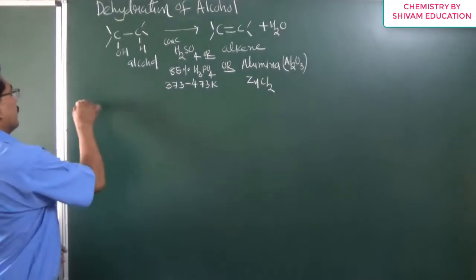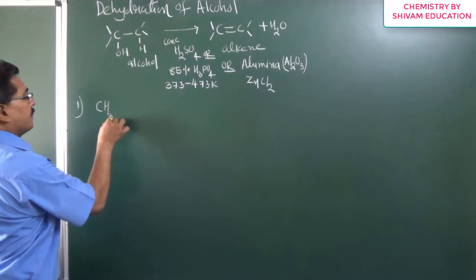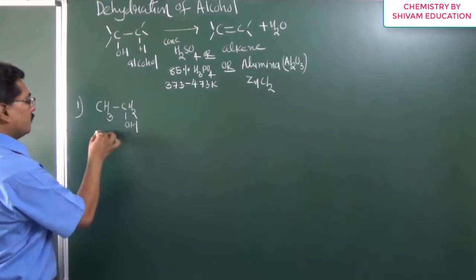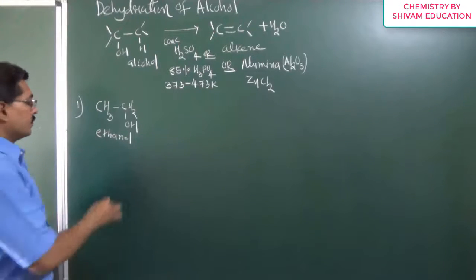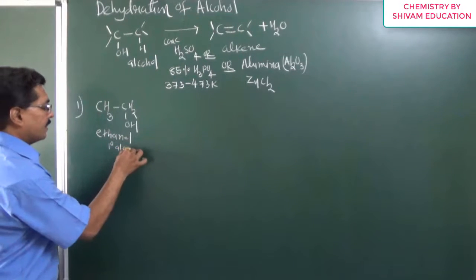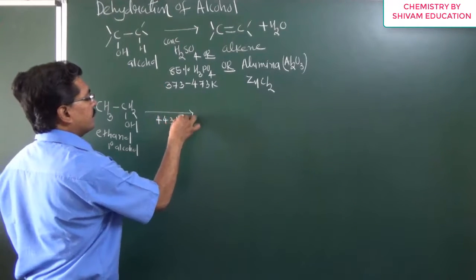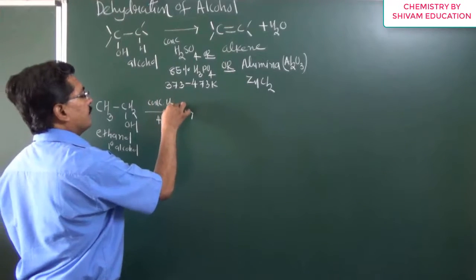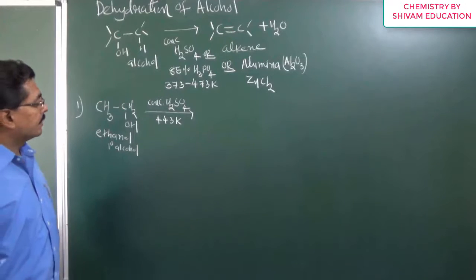Now suppose we have a primary alcohol. Suppose I have taken ethanol, CH3CH2OH. Now ethanol dehydration is carried out by using this catalyst. Ethanol is a primary alcohol, so we have to use a 443 Kelvin temperature and concentrated sulfuric acid as a catalyst.